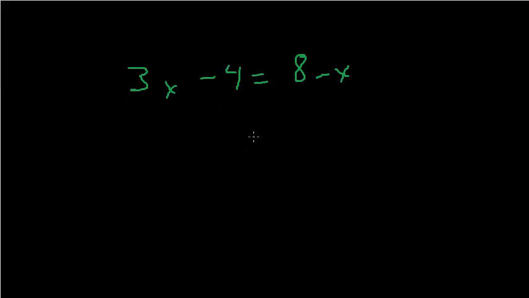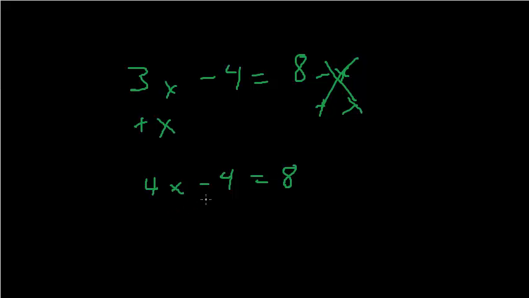The first thing we want to do in this situation is get our variables all on one side of the equation. In order to do that, we can use our addition property. We could add x to both sides of the equation. What that does is cancel out the x on the right side and leaves us only with x variables on the left side. This gives us 4x minus 4 is equal to 8.